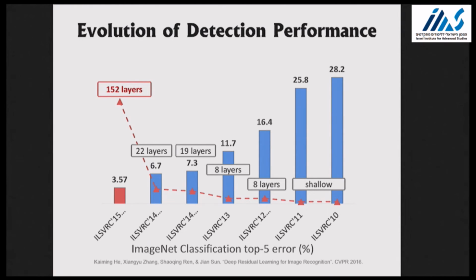ImageNet also has a detection competition, not just a classification one. Oh wait, I'm sorry, I've got the wrong slide. It says classification top 5 error. There's an analogous one that shows the same trend, but for detection performance. But I've taken the wrong slide, which is basically for classification. It's the same as before.